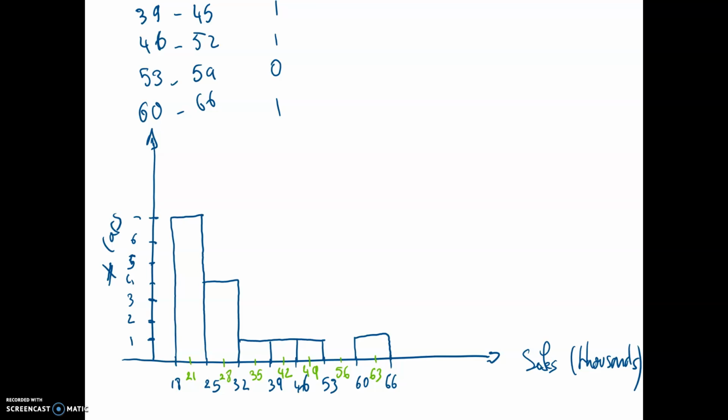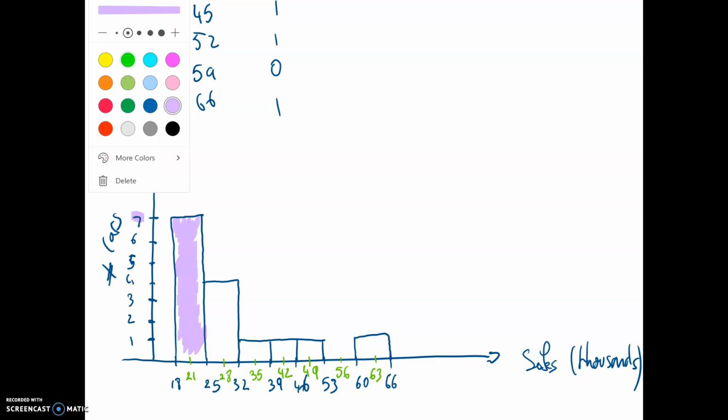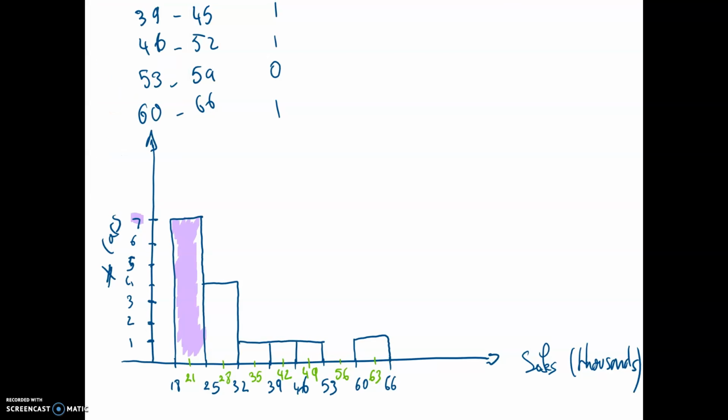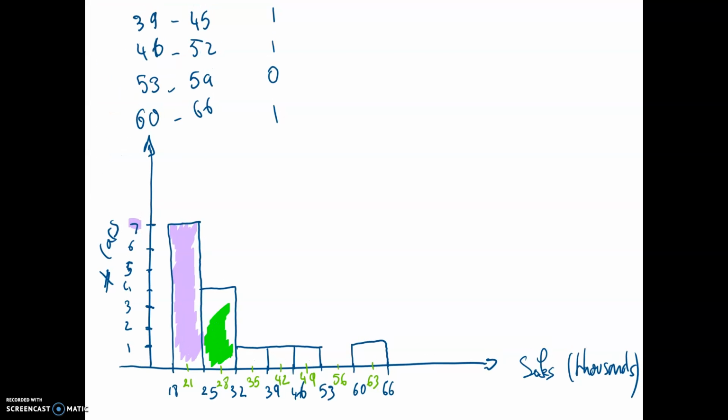something corresponding. Let me represent that with another color. So right here, we're having 7. So that corresponds to 7. Then I can have the other one right there, which is going to correspond to 4.